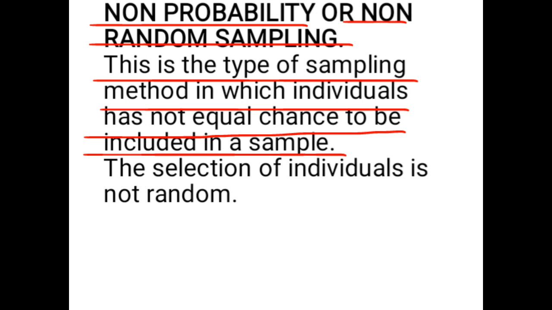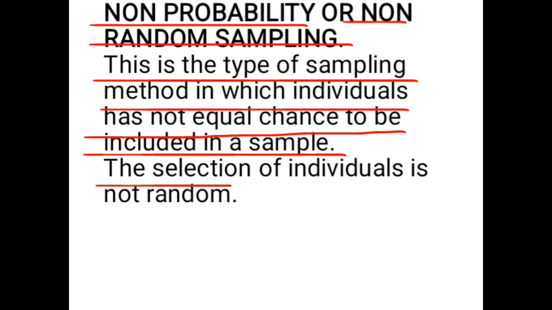But under non-probability sampling, some individuals have an opportunity to be included in a sample, but other individuals do not have the opportunity. They haven't a chance to be included in a sample.